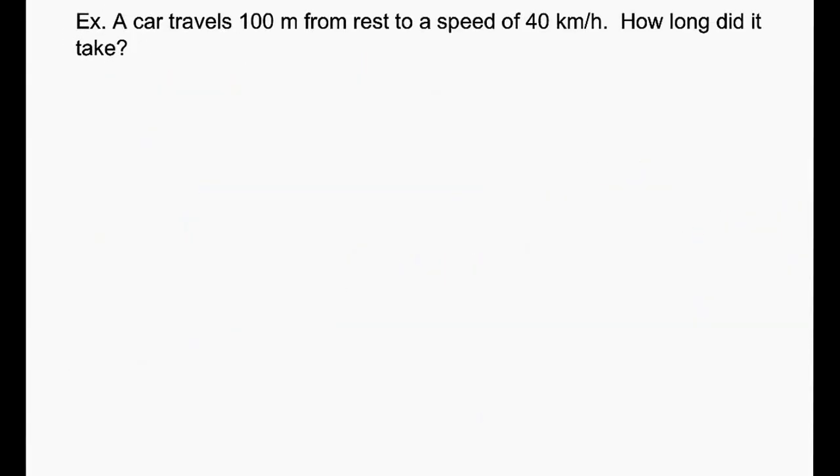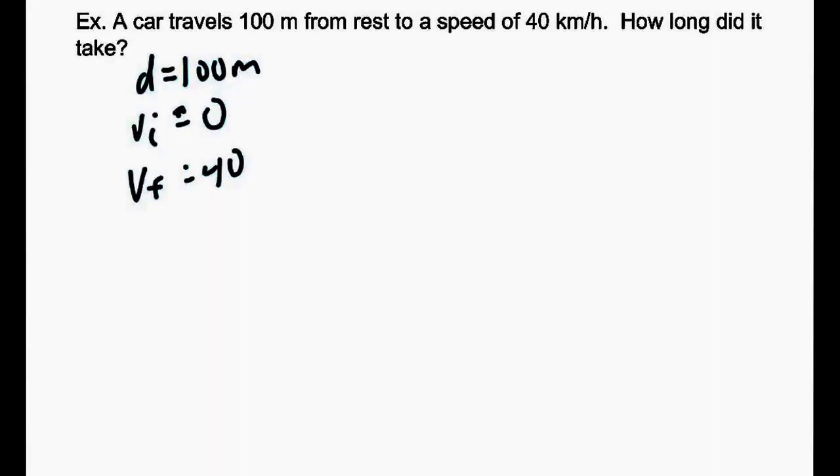Okay, one more example. We have a car that goes from rest to a speed of 40 kilometers per hour over 100 meters. The question is, how long is that going to take? Let's do our variables again. We have a distance of 100. Our initial velocity, it says it's at rest, so we got 0. And we have a final velocity of 40.